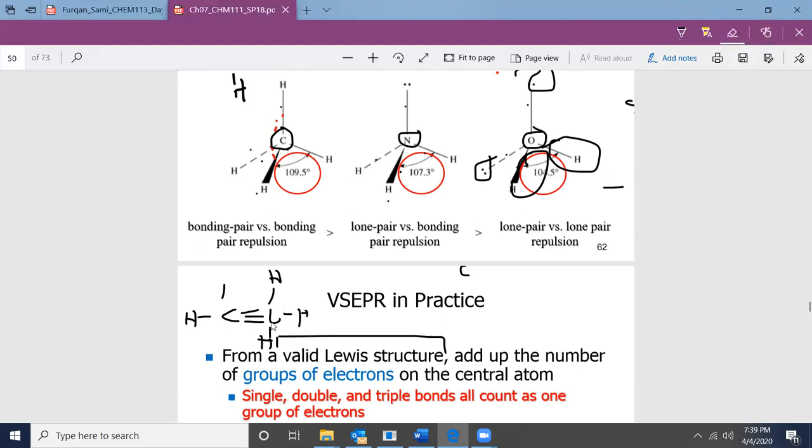Just one hydrogen will be attached, because carbon goes for four bonds. So we cannot make so many bonds.